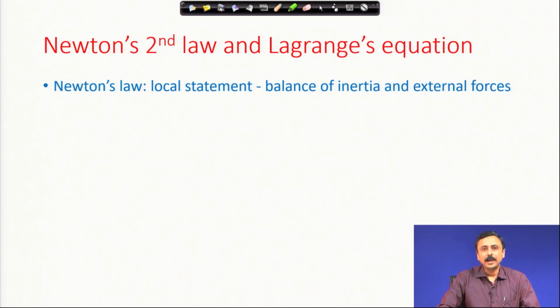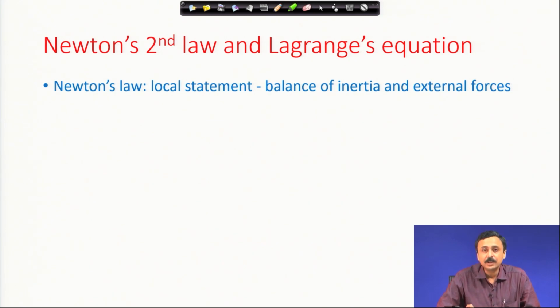Let us now look back and compare the Lagrangian approach that we have been discussing under analytical mechanics or analytical dynamics, and the way we had used Newton's second law to study dynamics. The first point that comes to mind should be that Newton's law is a local statement.